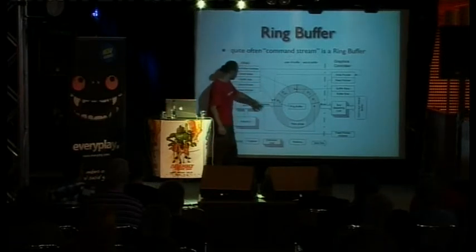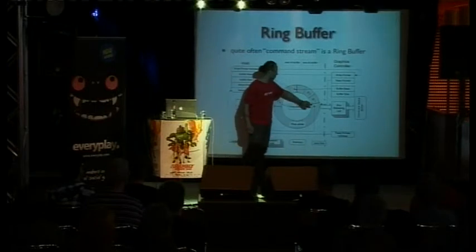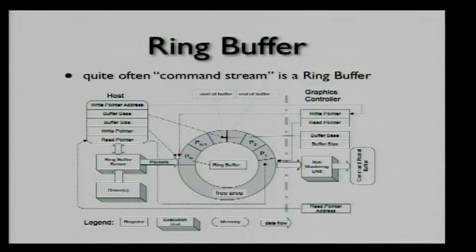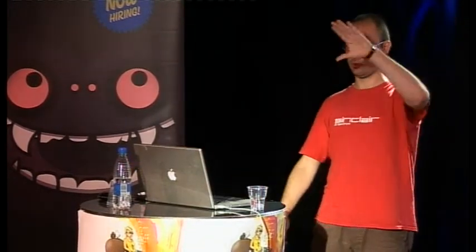And if the CPU is too fast, it can catch up with the GPU, and then the CPU will stall, waiting for the GPU to finish. There's a slight difference on the iPhone because they are not ring buffers, but double buffers. So instead of a ring buffer, in one frame the driver will write into one block of memory, and then it will just swap, and the GPU will be accessing one while the CPU is writing into the other.